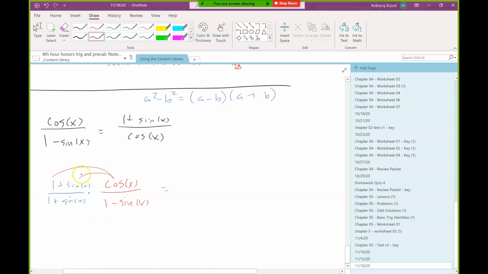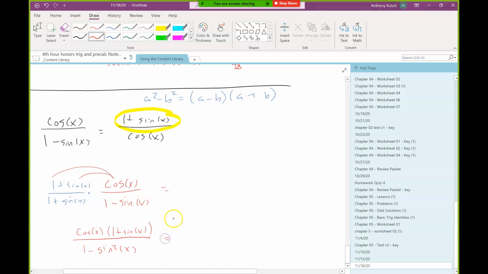So the cosine distributes. And now I could distribute the cosine through, but if I look at what I'm trying to get to, I already have a 1 plus sine x in the numerator. So I'm going to leave it as cosine times 1 plus sine x and hope that I can cancel that cosine in a future step.